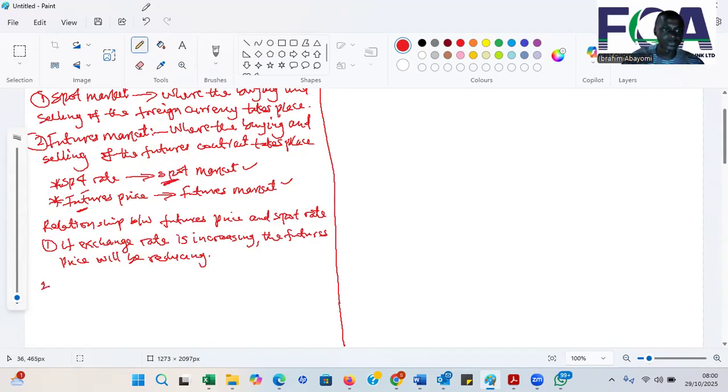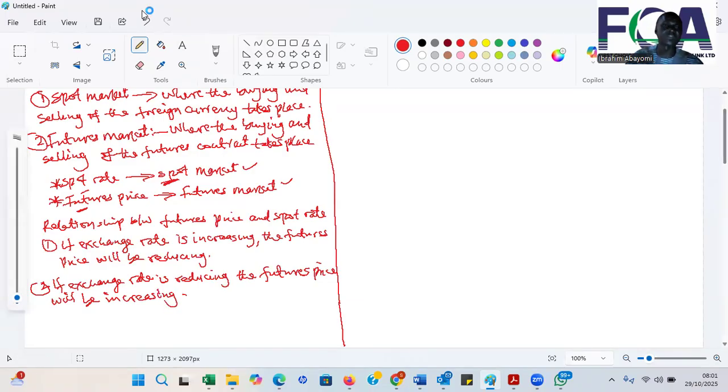Number two, if exchange rate is reducing, the futures price will be increasing.